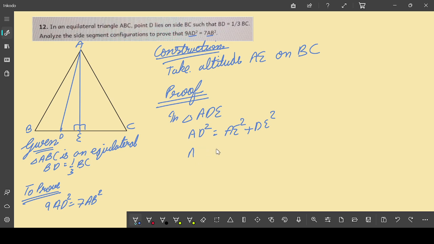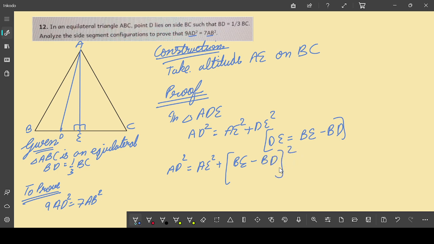And can I write DE as BE minus BD? BE minus BD will be your DE. So in place of DE, I will use this. I can write AD square equals AE square plus (BE minus BD) whole square, right?